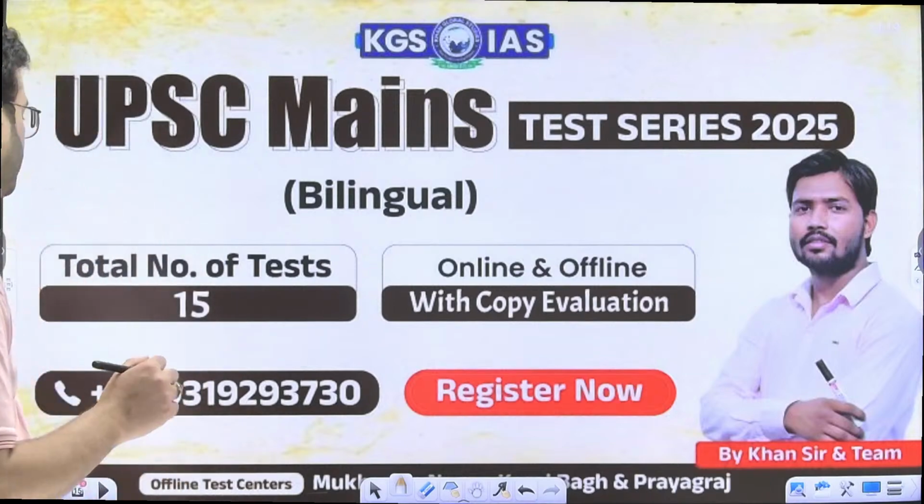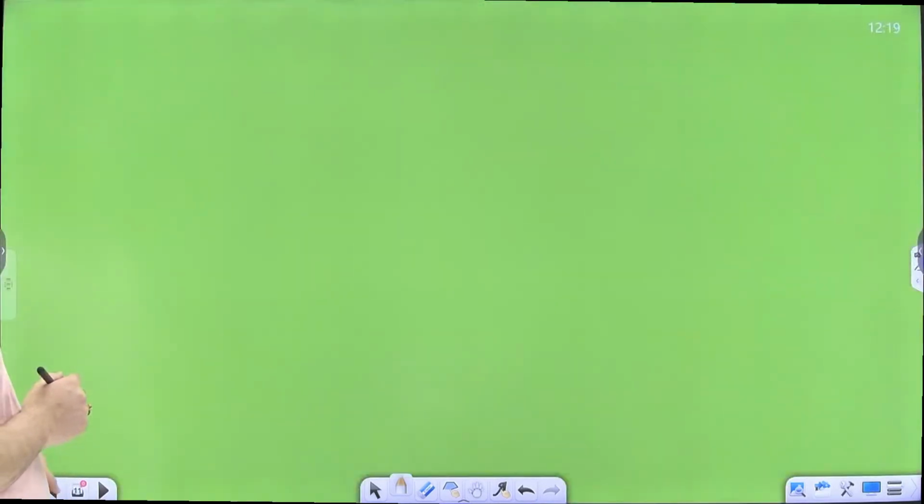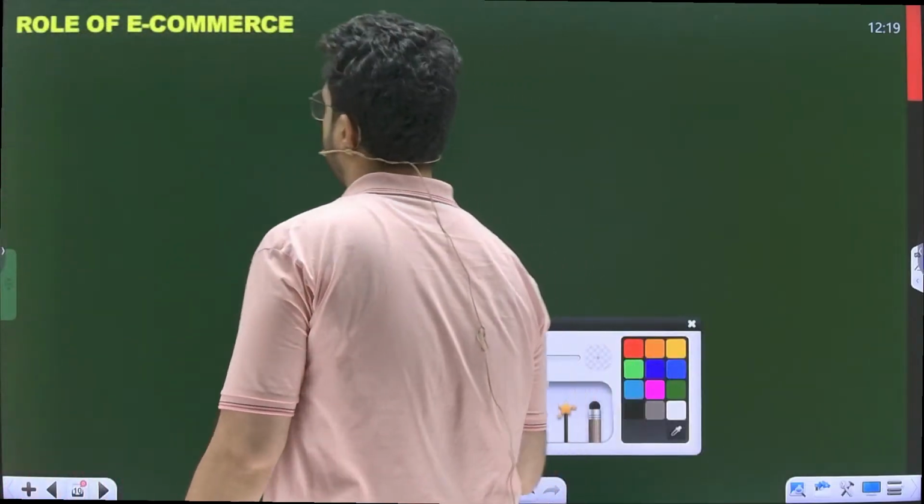Now moving to the last topic, that is, what is the role of e-commerce in supply chain management? How does e-commerce play an important role in supply chain management? This is again very important.